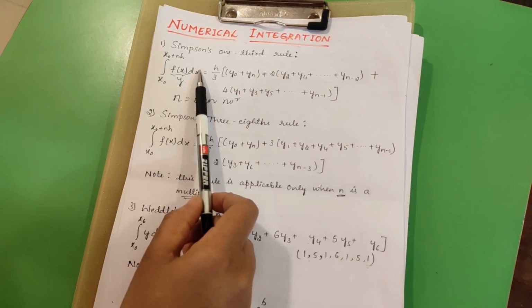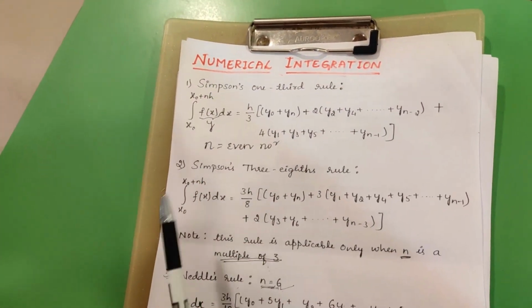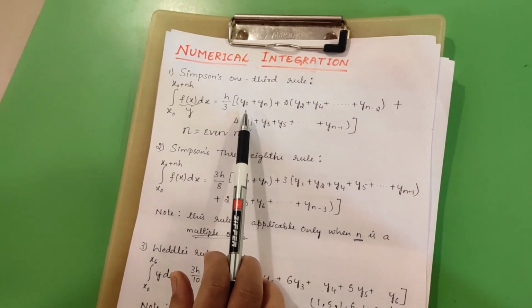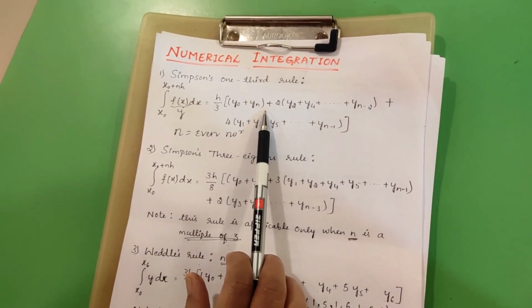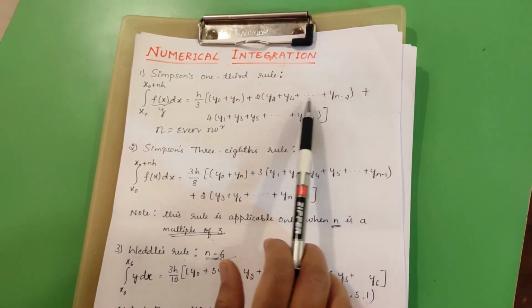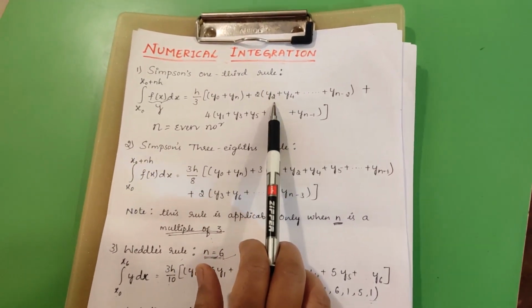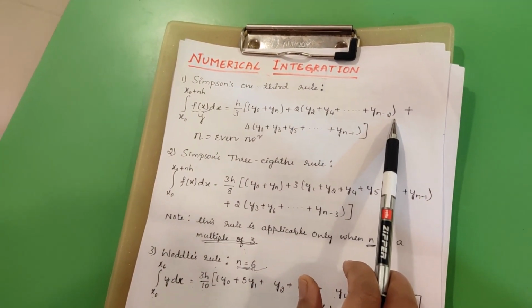Once again I'll explain the formula. h by 3 of y0 plus yn, the first term plus the last term, plus 2 into y2 plus y4 plus y6 etc. You can observe the even position y values.